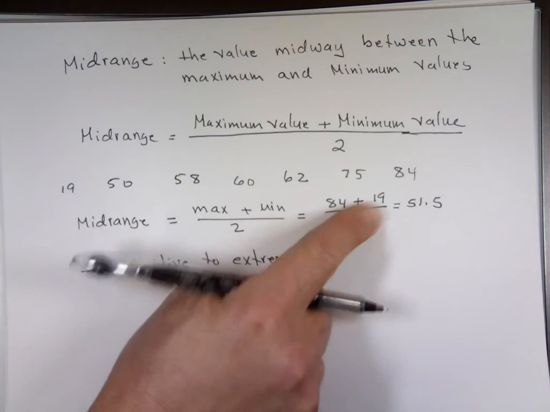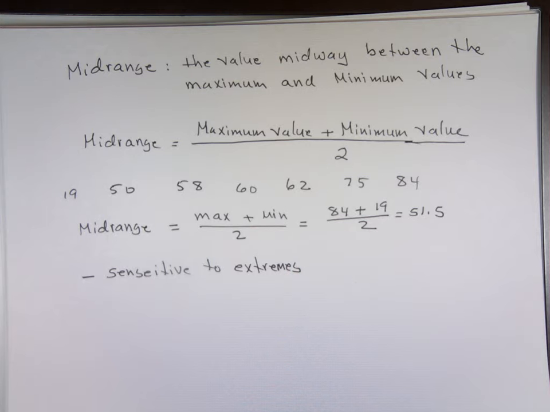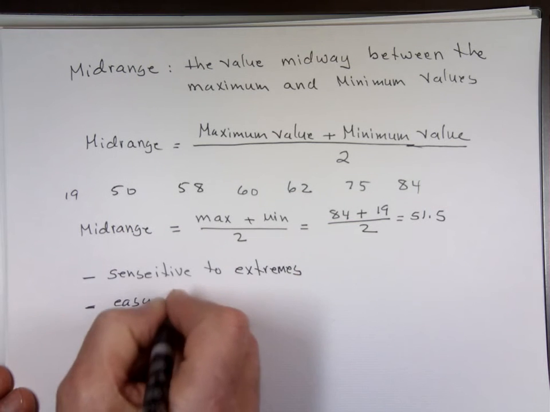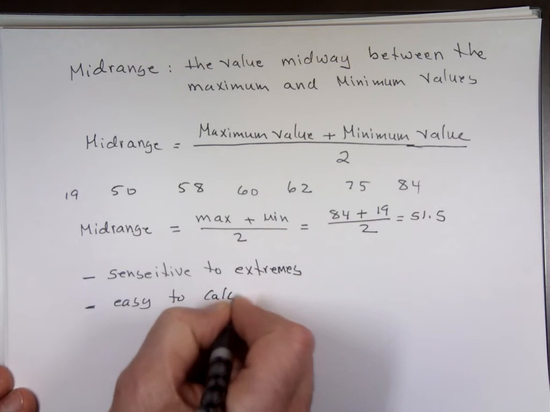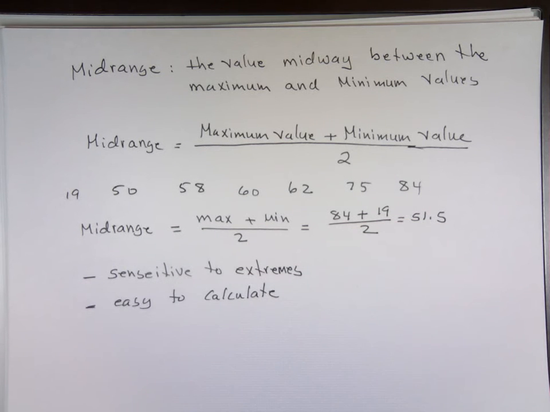If the high value goes to 100, that changes. The nice thing about it is it's really easy to calculate. That's the only advantage to it, easy to calculate. But that tells you that's the halfway point between the highest score and the lowest score. So if you score above that, you're good, in the top half of the range. If you score below that, you're in the bottom half of the range.